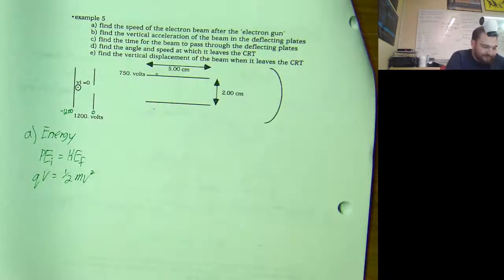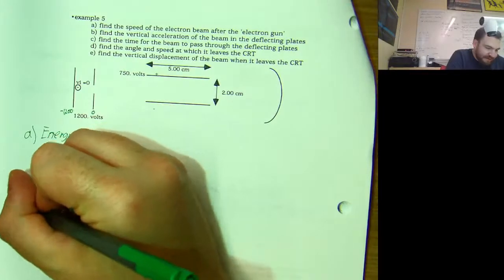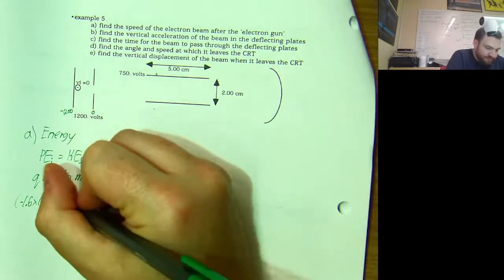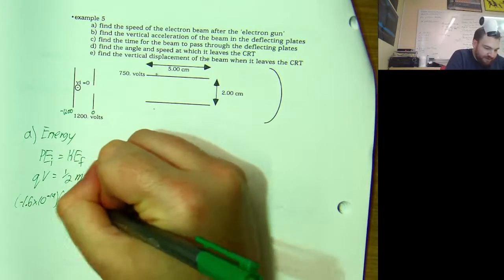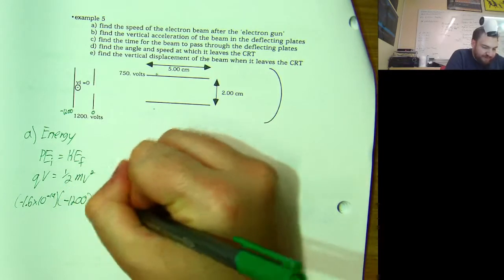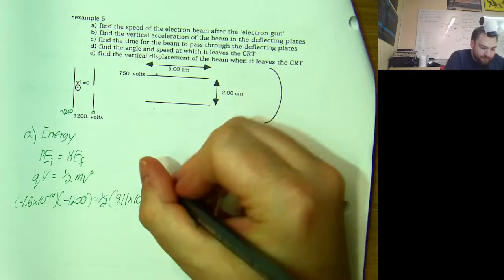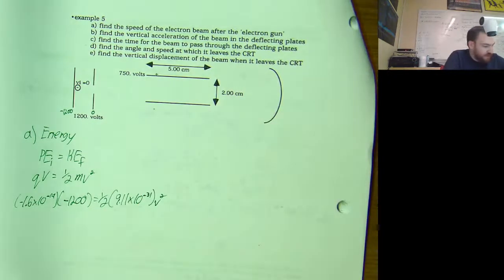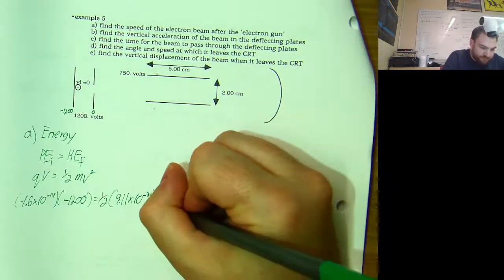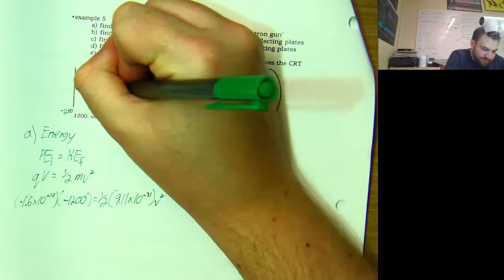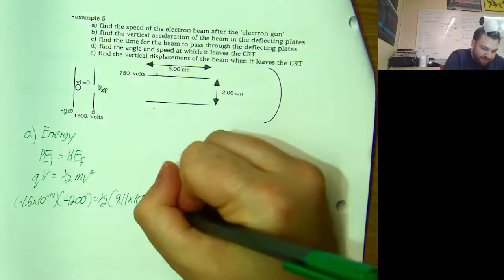So negative 1.6 times 10 to the negative 19 times negative 1200 equals 1/2 times 9.11 times 10 to the negative 31 times velocity squared. We'll call it Vx final.